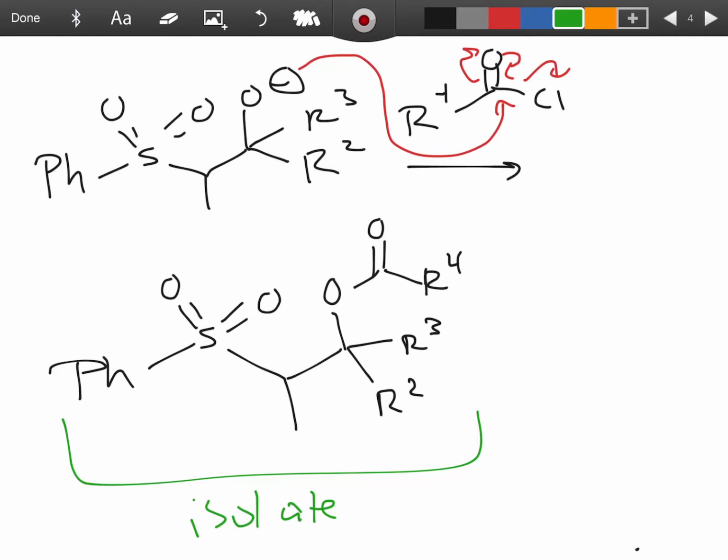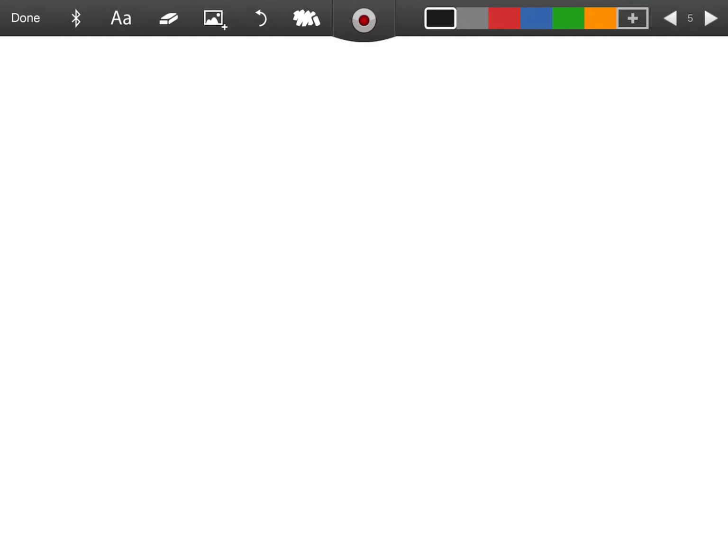All right, and then depending on the mechanism, I've seen the mechanism written a couple of different ways. I think the most common way that this happens is when you do your reduction. There's usually a base present, and I'm going to redraw this real quick.